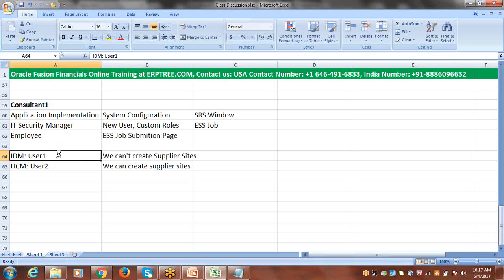So if you cannot create them with an implementation user, why do we create the implementation user first? Why not create an HCM user directly?